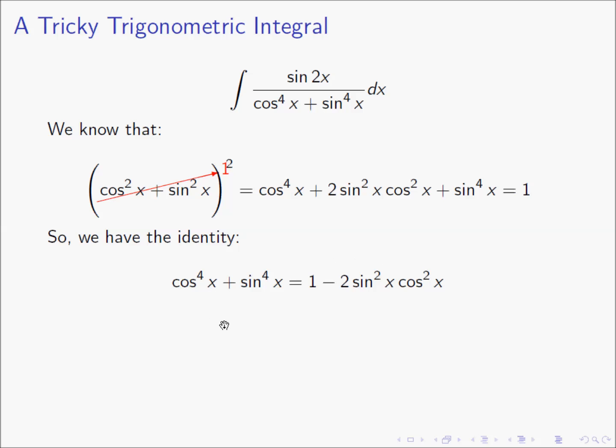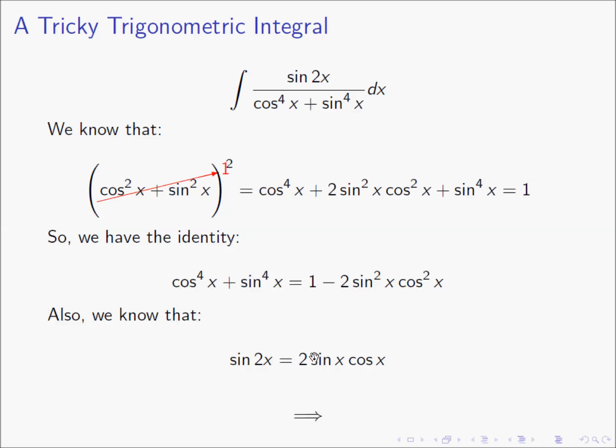Here we have another true identity. We have that the denominator equals 1 minus 2 sine squared of x times cosine squared of x. And we also know that sine of 2x equals 2 times sine of x times cosine of x.